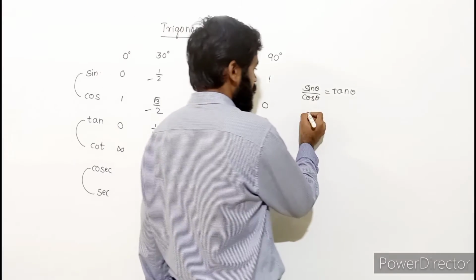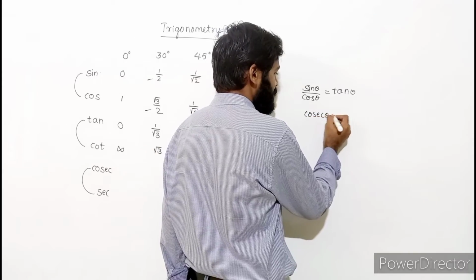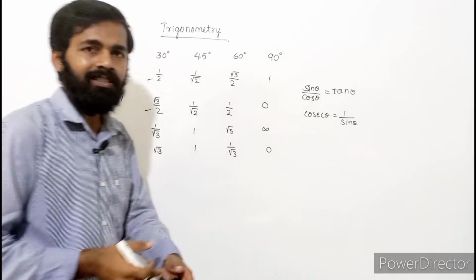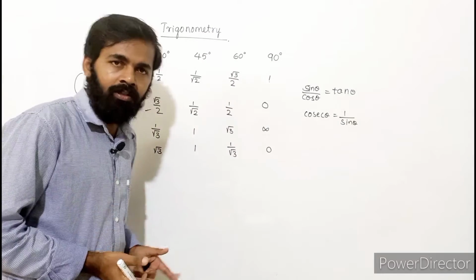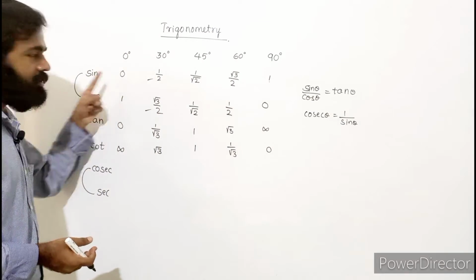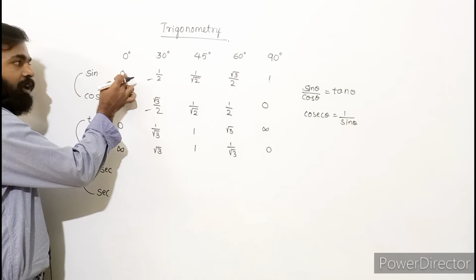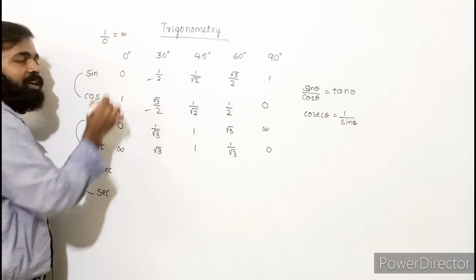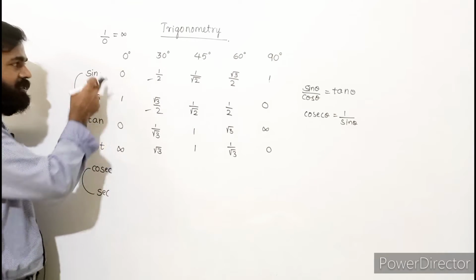Now, how to find the value of cosec? We know cosec theta is the reciprocal of sine theta, so cosec theta is 1 by sine theta. Take the reciprocal of these values. For 0, 1 by 0 is infinity, because cosec is the reciprocal of sine.